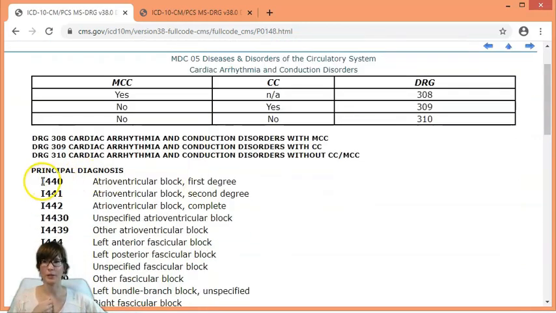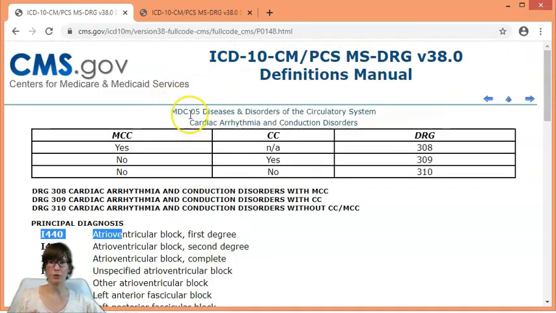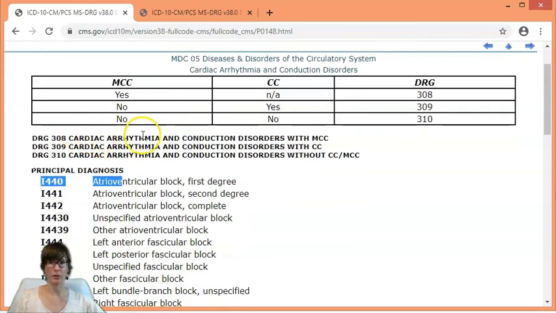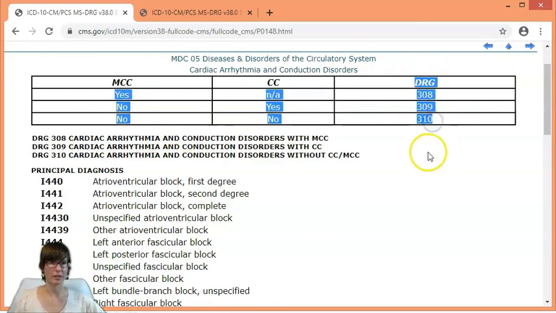It will be right here, principal diagnosis. So we know again that we are at the right place. Because we know that there was no procedure performed and we fall into MDC5 under cardiac arrhythmia, we know that our final DRG assignment will have to fall into one of these DRGs based on the presence or absence of complications and comorbidities.